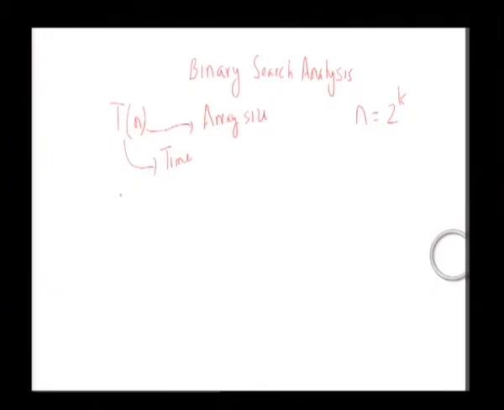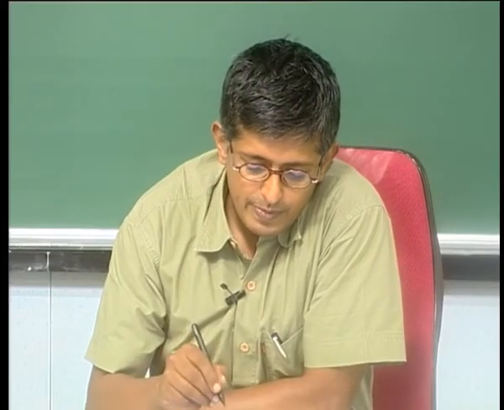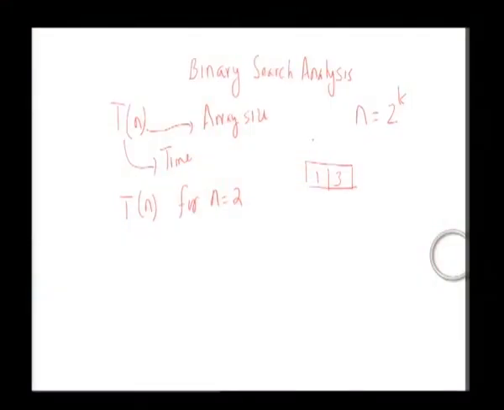Let us look at the case when T of n, for n is equal to 2. So, let us just focus on the array. It just has 2 elements, and let us assume that the elements are 1 and 3 in sorted order, and let us count the number of steps that it takes to check for a queried element.